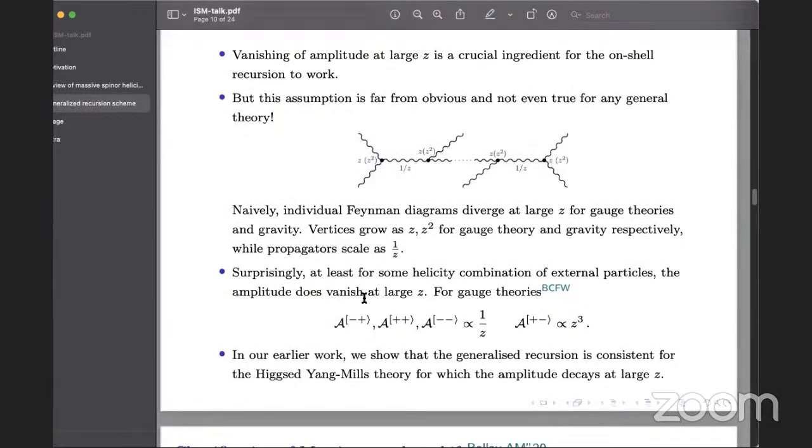But surprisingly, at least for some helicity configurations of the deformed external particles, the amplitude does vanish at large z. BCFW explicitly shows for gauge theory that for these helicity configurations of the deformed particles, the amplitude behaves as 1 over z at large z, but for the helicity configuration plus minus, it scales as z cubed.